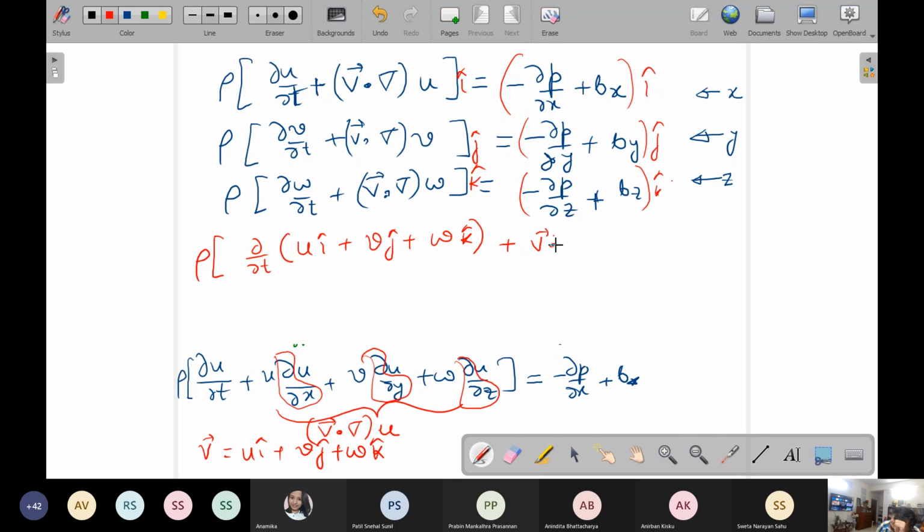So v dot nabla u i plus v j plus. This is the left hand side.